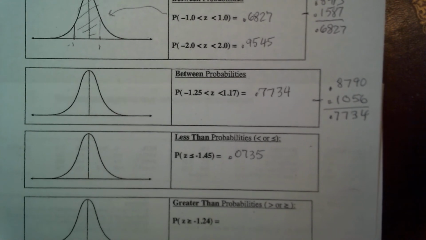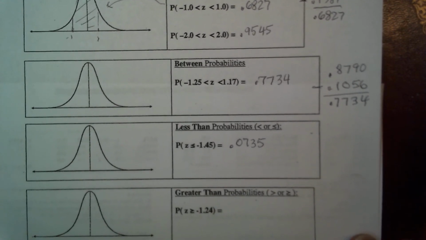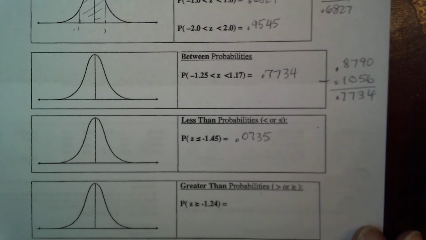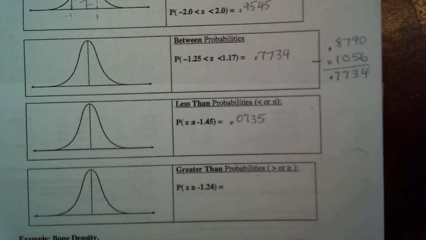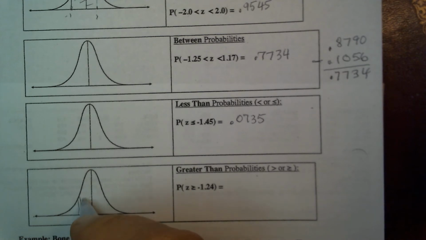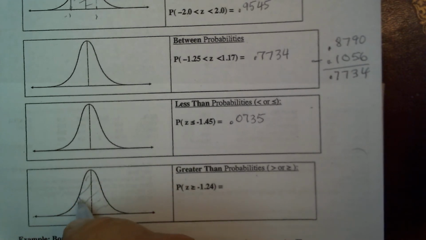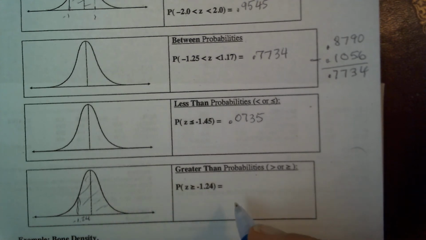And then the greater than probabilities, what's the probability that z is greater than minus 1.24? So minus 1.24 would be maybe here. So we are looking for this probability here. Again, technology gives the answer right away.